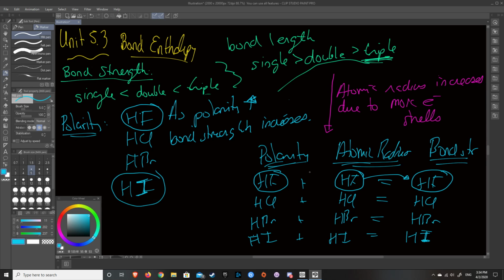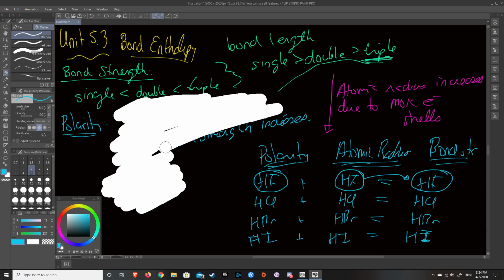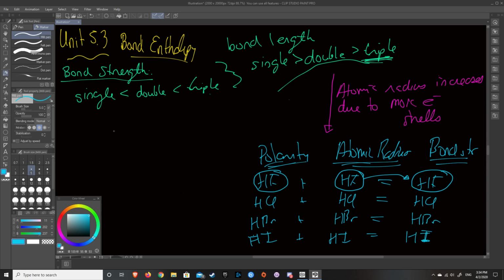But this sets up the mood for exceptions. Let me just erase this. Here's something that we're considering. What if we have a molecule that is very polar but has a large atomic radius?